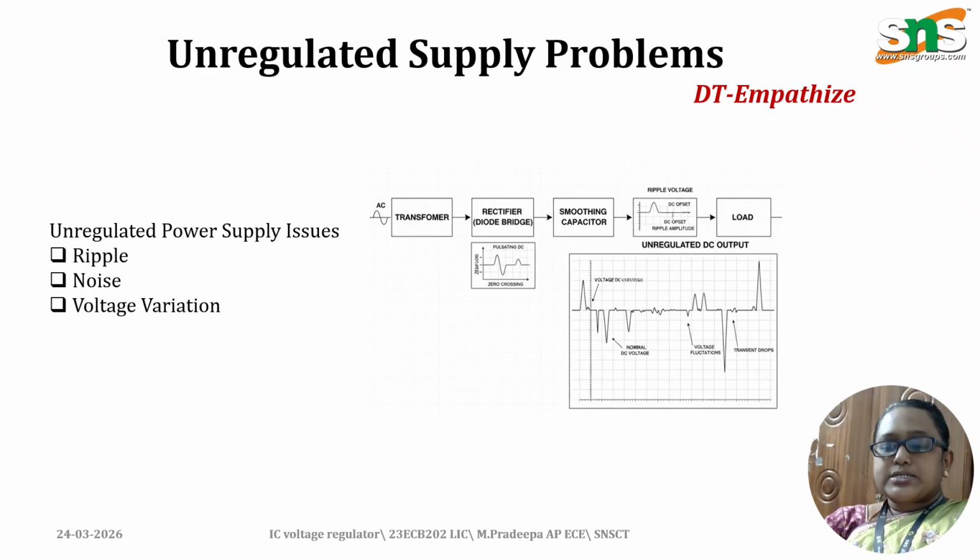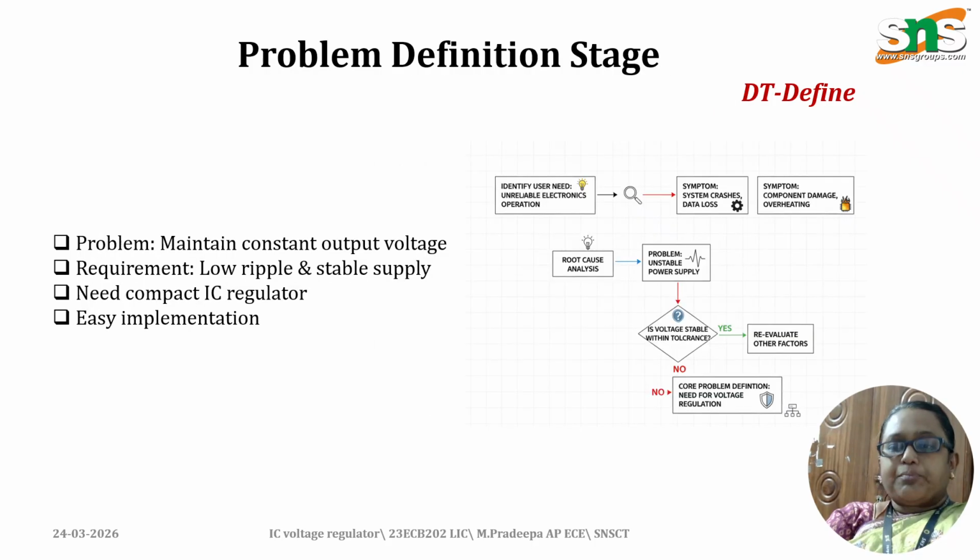This is the process that happens in the unregulated power supplies. Finally, I'm going to see the voltage variation from the input transformer to the various load variations. Everything happens based upon the different types of load regulation. So this is what happens in the unregulated supply problems.